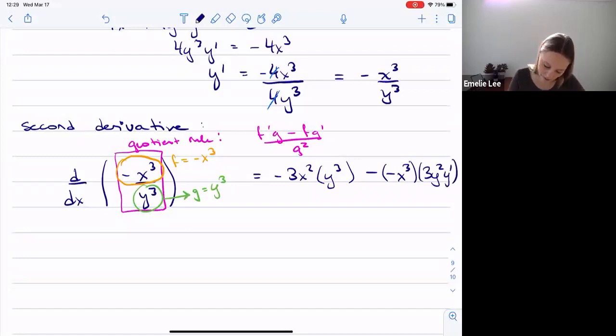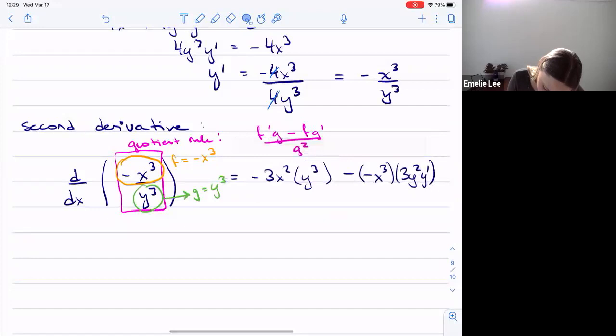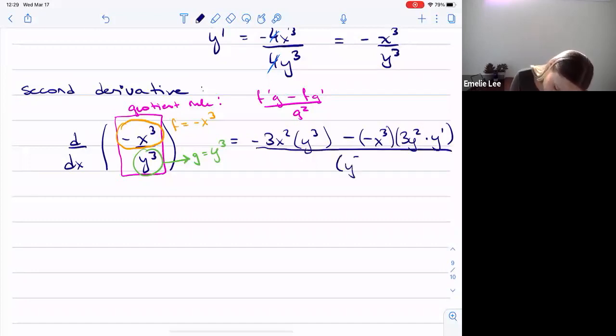In fact, I'm going to squeeze it over just because that's an important part. So 3y squared times y prime, right? When we take the derivative with respect to x. But then it's over g squared, which is y to the 3 squared.